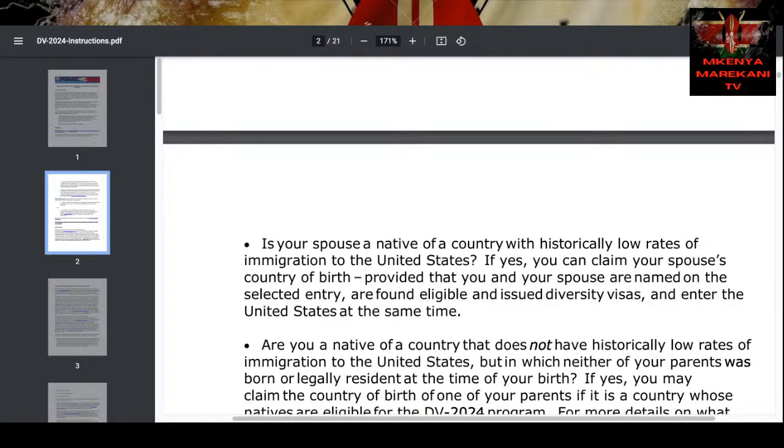Let me simplify this. If your wife is from Kenya, and you come from Nigeria, Nigeria is not eligible, but if your wife is from Kenya, then you can be eligible through your wife, because she's going to put you as a dependent. So that's how you will qualify.